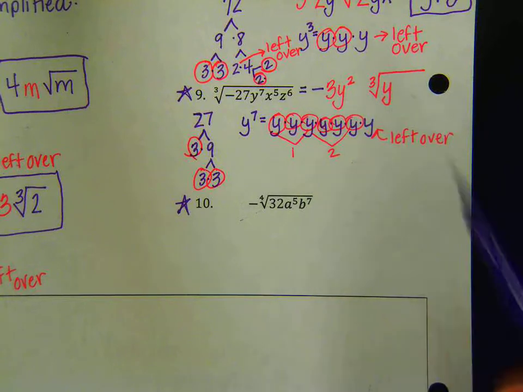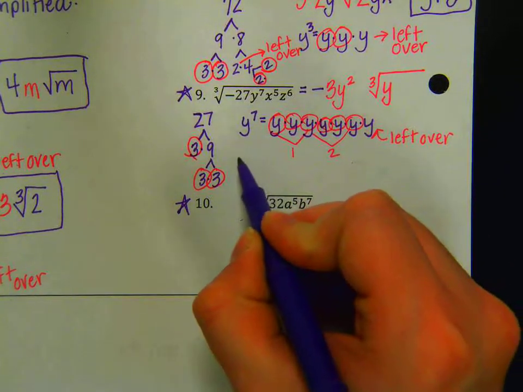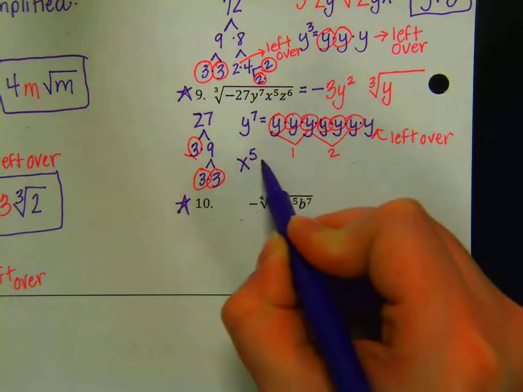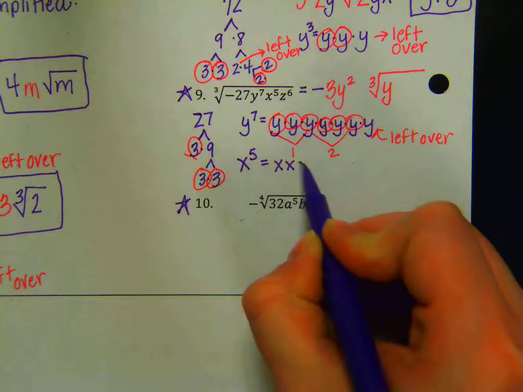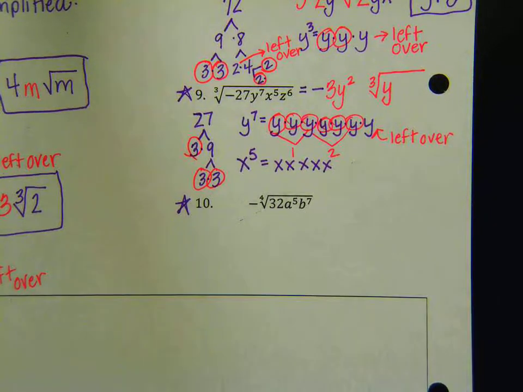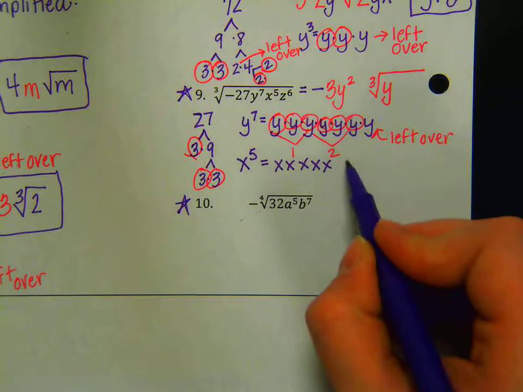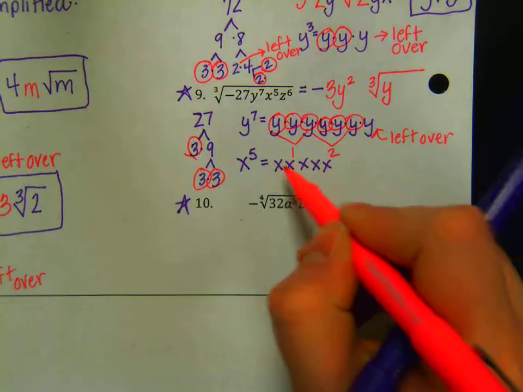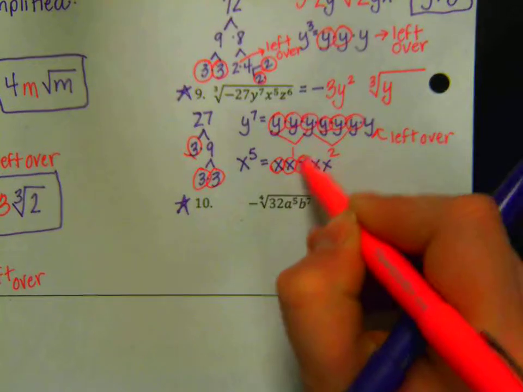Then x to the 5th. I have 1, 2, 3, and 2 left over.